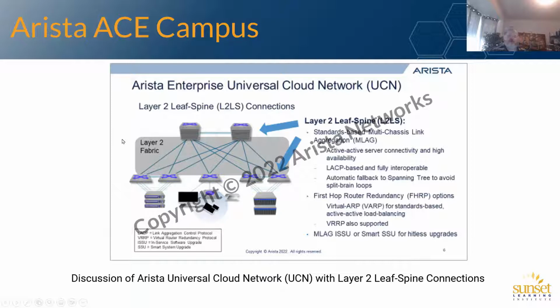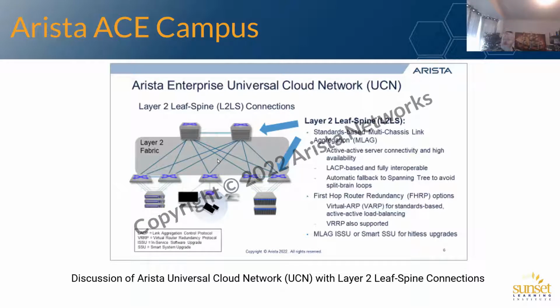Well, we also talk about the fact that we have two ways of connecting these leaf switches to the spine switches, okay? The first one is layer 2. So by layer 2, we're saying, hey, these are all layer 2 links. In the world of VLANs, we're going to trunk our VLANs from leaf to spine to leaf. And so the good thing about this is now I have layer 2 connectivity throughout my campus network, okay?